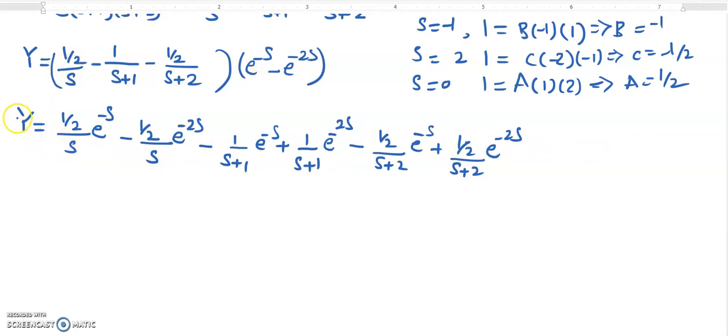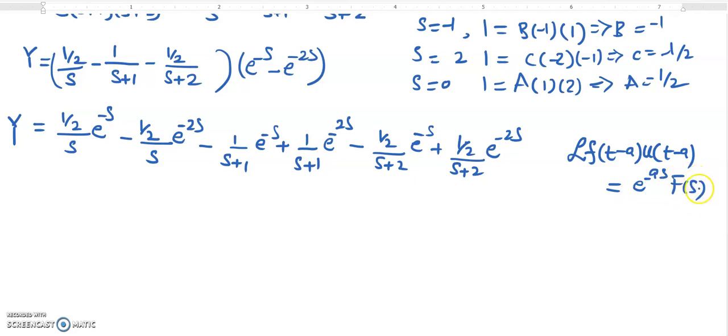So now what we have to do is apply the inverse Laplace transform formulas. Just to recall, f of t minus a into u of t minus a is equal to e power minus as into F of s.